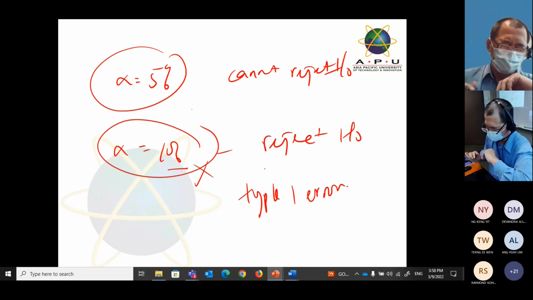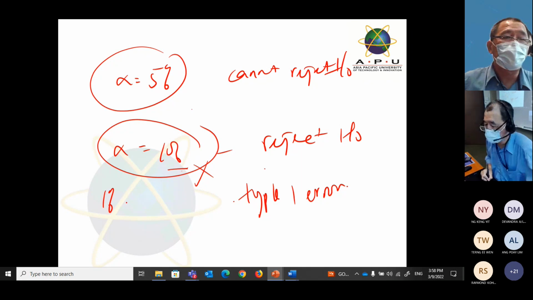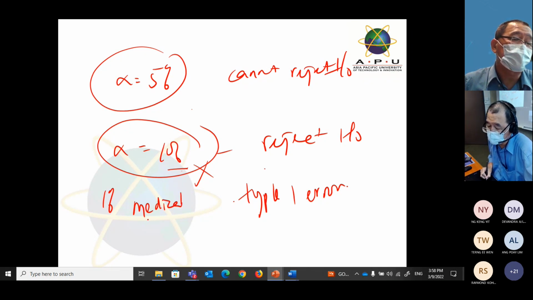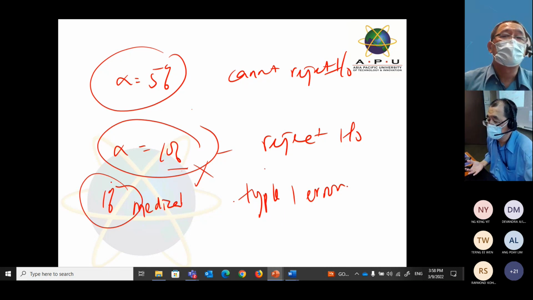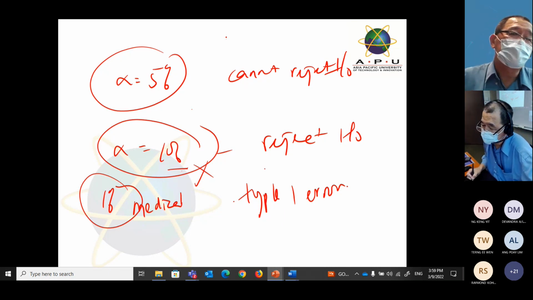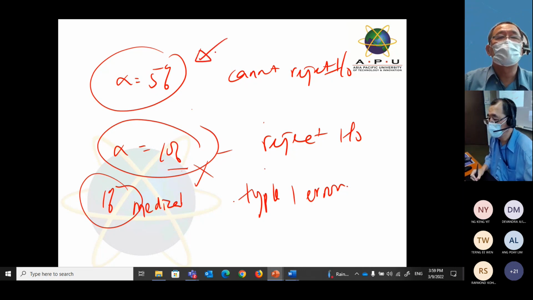For 1%, some studies want 1%, especially medical related studies, because it involves people's lives. For some business, finance, and management studies, 5% is still okay.